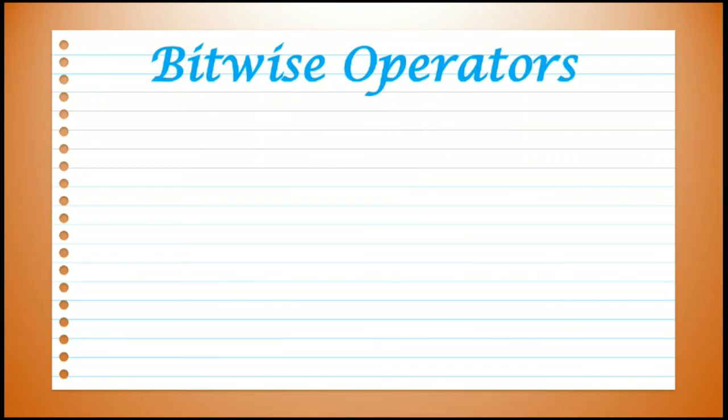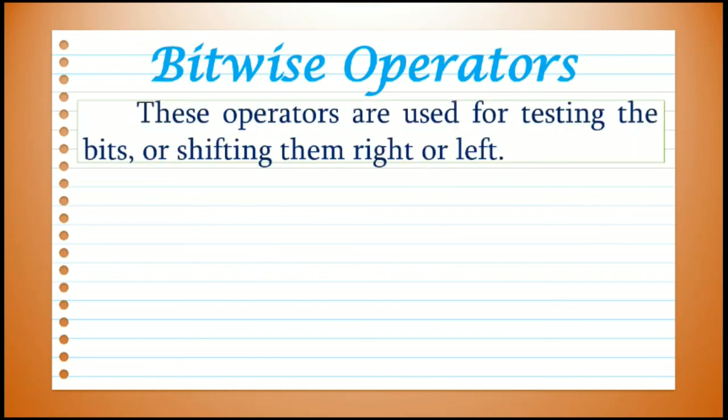Next we will see bitwise operators. C has a distinct feature of supporting special operators known as bitwise operators for manipulation of data at bit level. These operators are used for testing the bits or shifting them right or left.